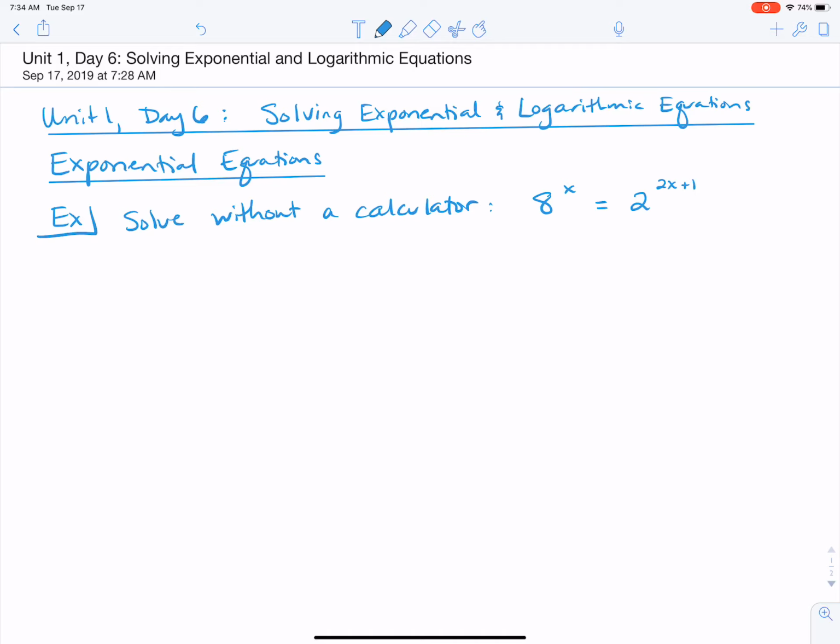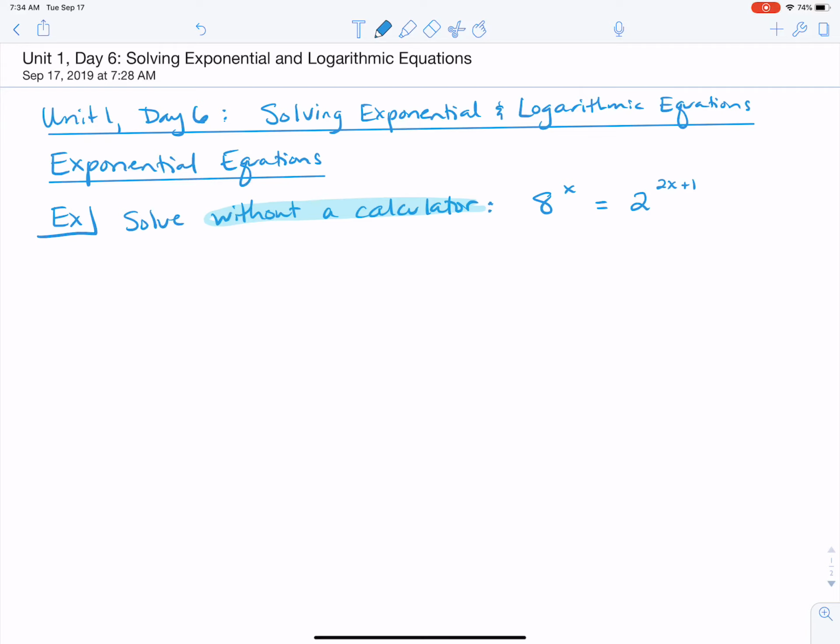These are both exponentials on both sides, and it says solve without a calculator. So this direction of solving without a calculator is kind of your clue that you should be able to do this just by using your brains.